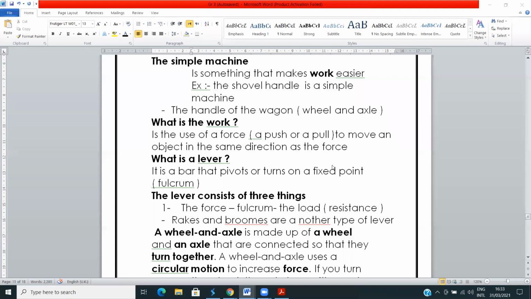Okay, my students, we can have another type of lever. We have a lot of levers in our home. You must know it well, and this lesson is very important, my students.